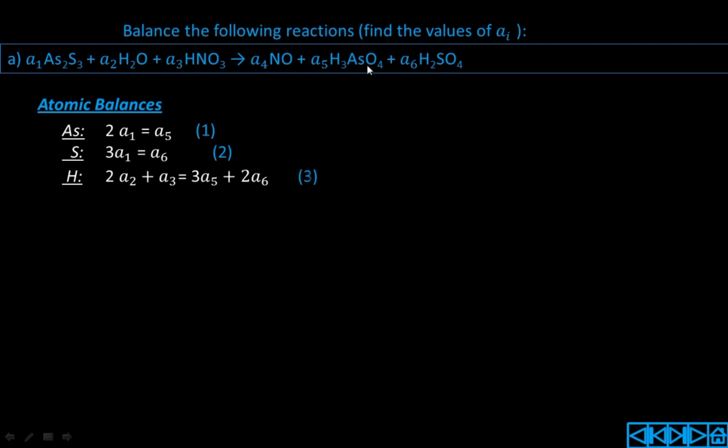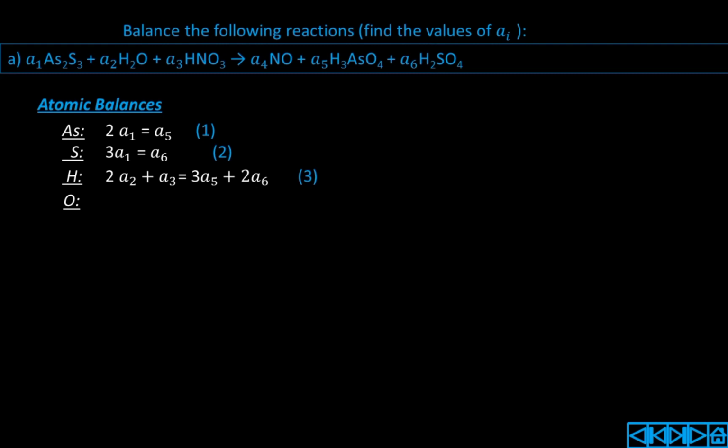Now the turn is for the product, and here we have three atoms of hydrogen in the A5, and one more two hydrogen atoms for the stoichiometric coefficient A6. So we call it equation number 3.